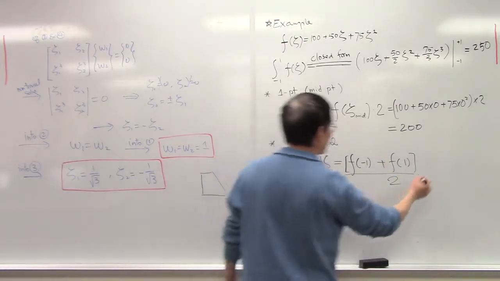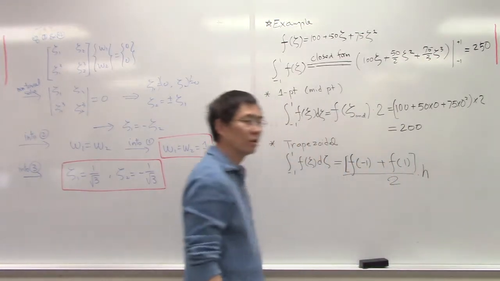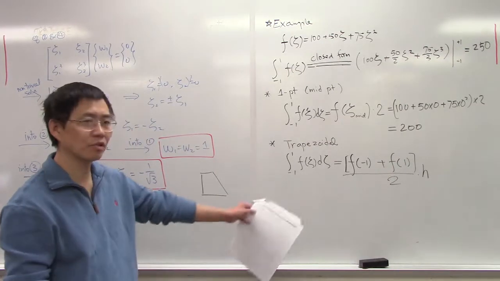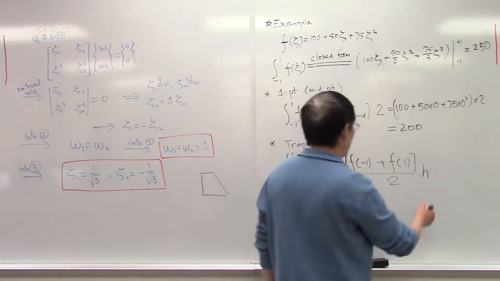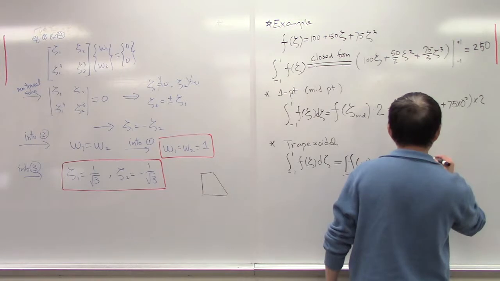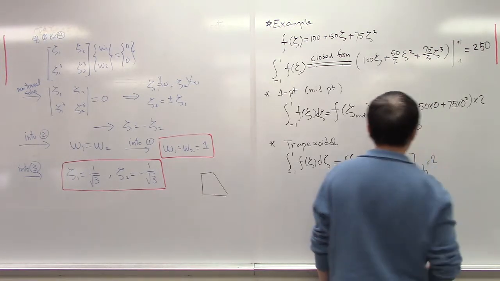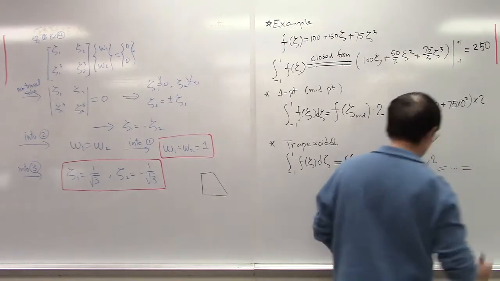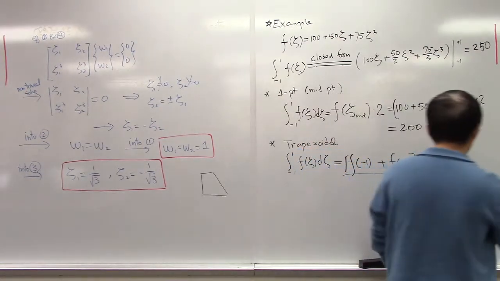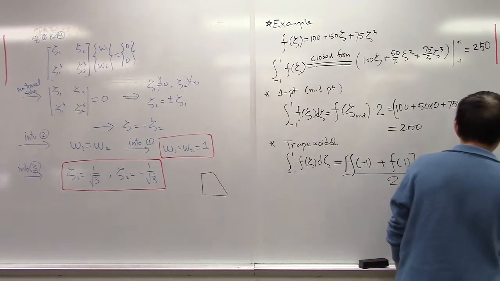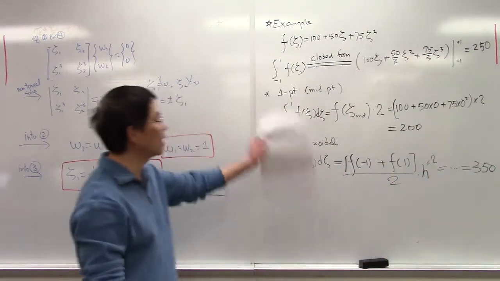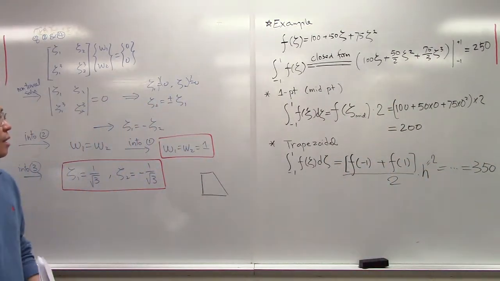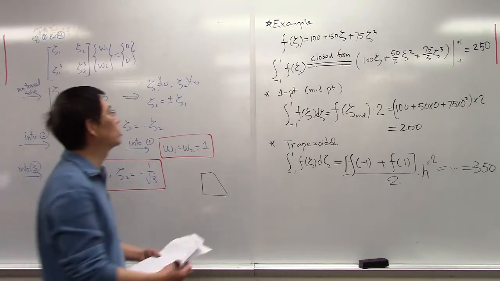The height is the interval, which is h. That's the trapezoidal formula. h is actually 2. So put this in, very easy to calculate. At the end, you get a number of 350. So this formula actually overestimates the original integration.